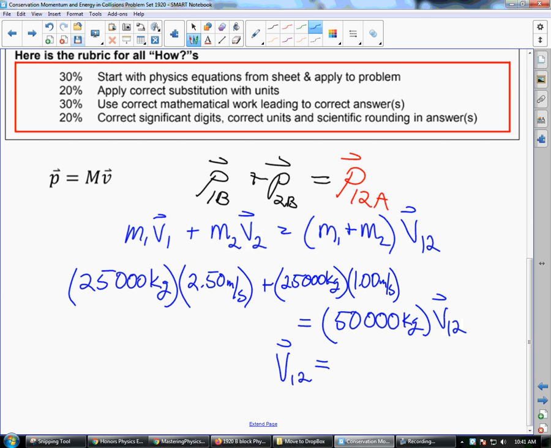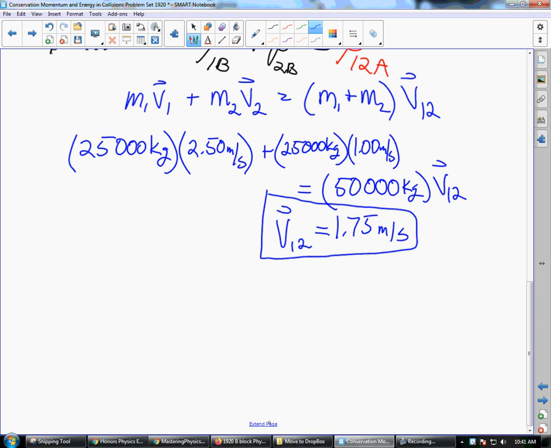I need to include a little bit about that. At 1.75 meters per second. That'd be part A.